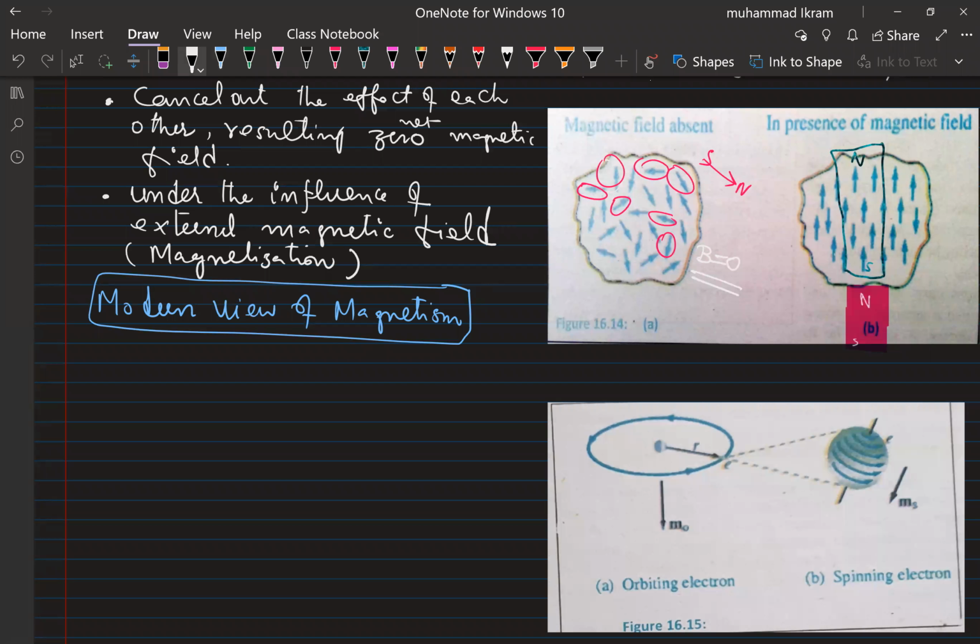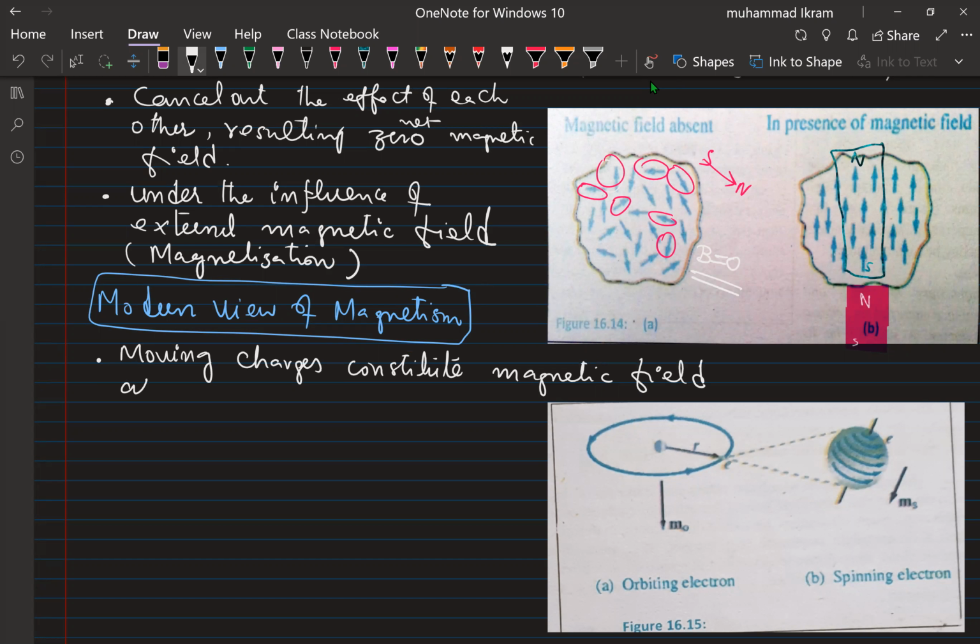According to the modern view of magnetism, we know that moving charges constitute a magnetic field around them.